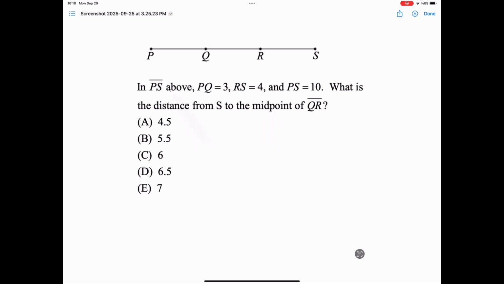And next one, PS above, PQ is 3, RS is 4, PS is 10. What is the distance from S to the midpoint of QR? Alright.